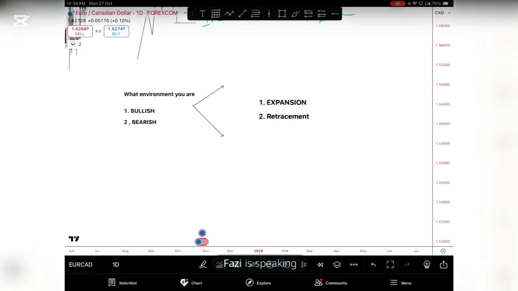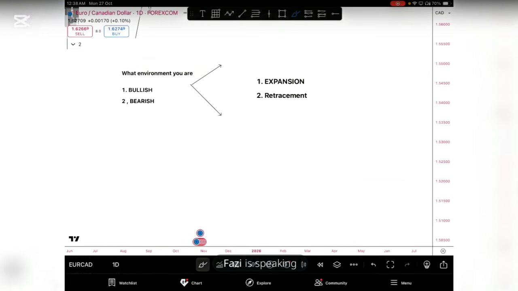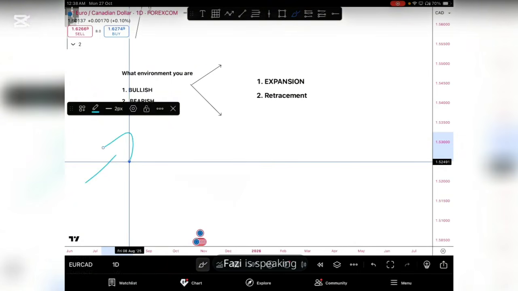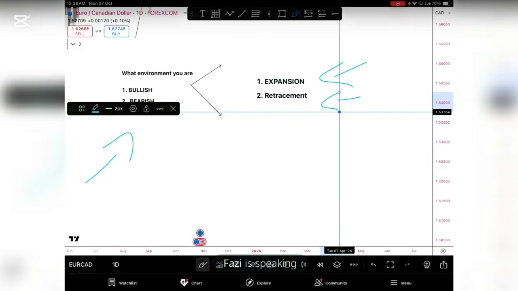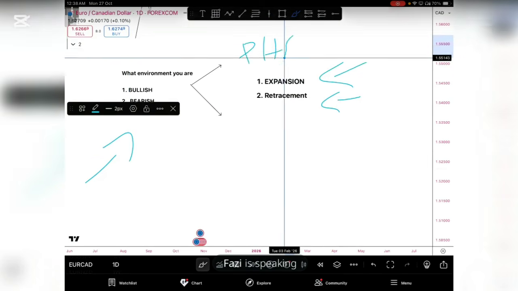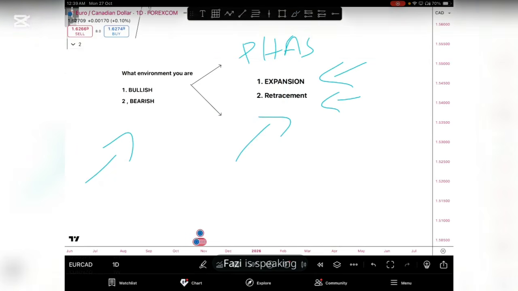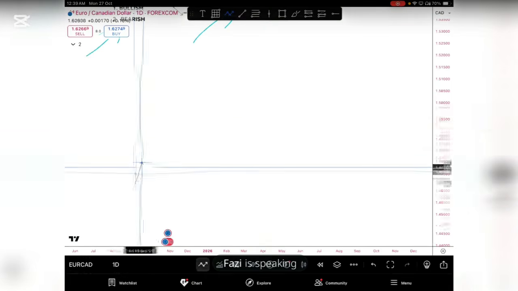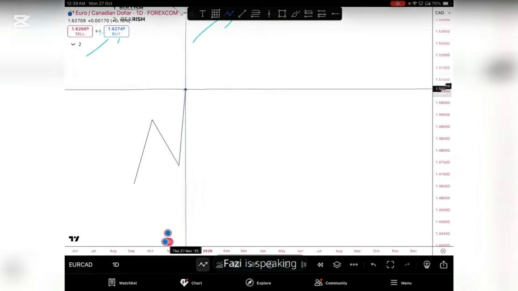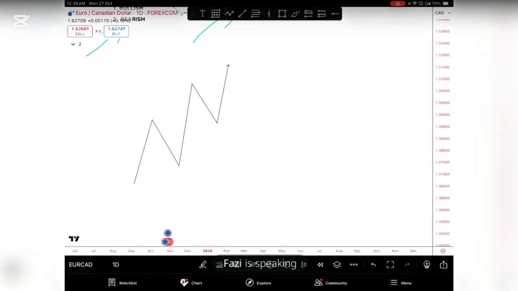Here, you are in a bullish environment or bearish environment. First choose what trend you are in. After choosing the trend, you need to know what phase you are in. These are the two types of phases: the expansion phase and the retracement phase. So what is the expansion phase and what is the retracement phase? If you are in a bullish environment, I told you that the candle high, which is the CRT candle high, right?